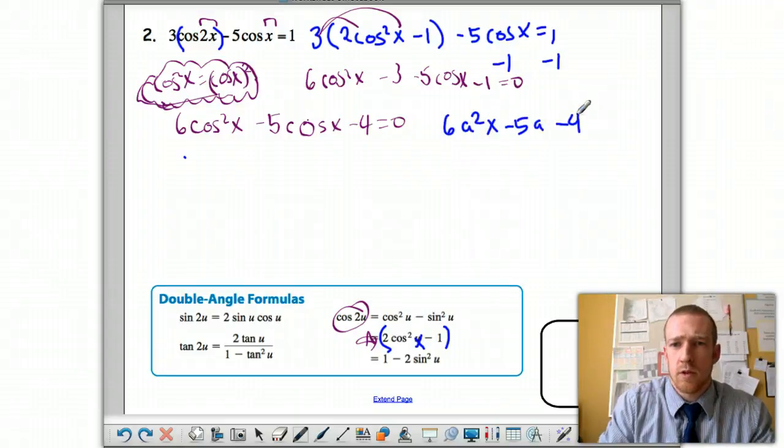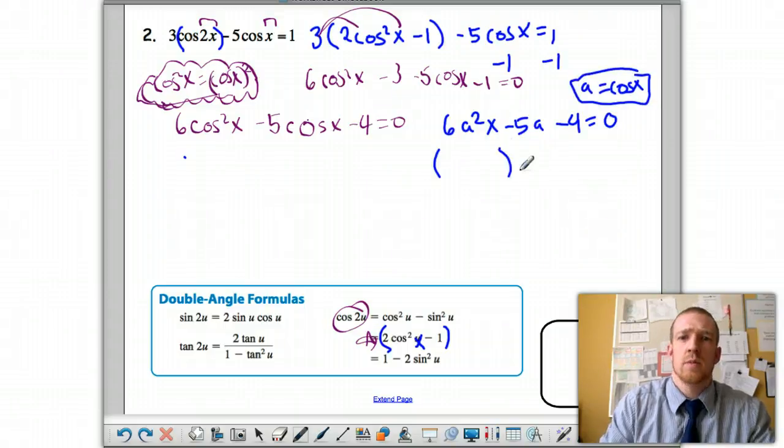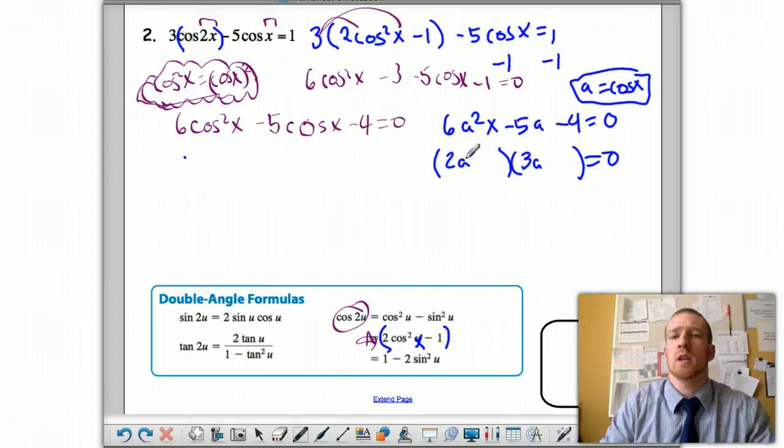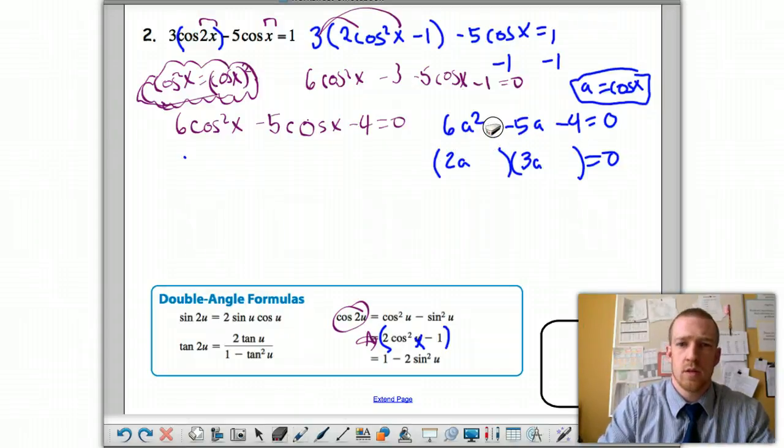Alright, so those really stand for cosines. A is really a cosine x, but it's just simpler for me to look at this and factor it. So I factor that. 3a could be a 1a and a 6a, but it's less likely.